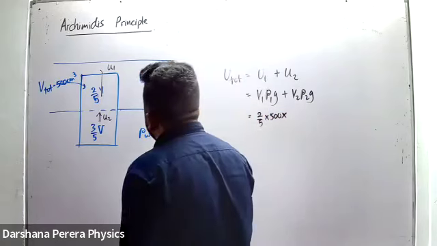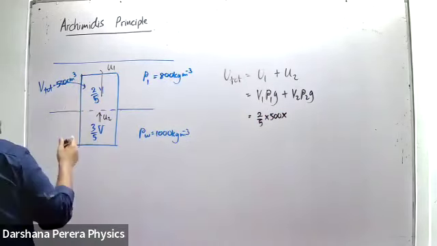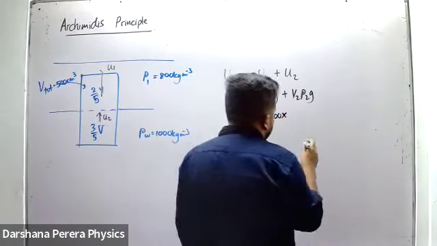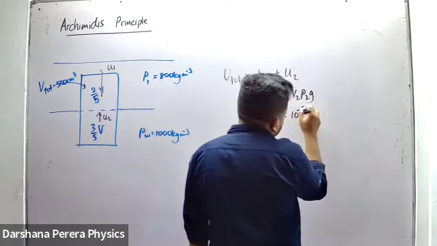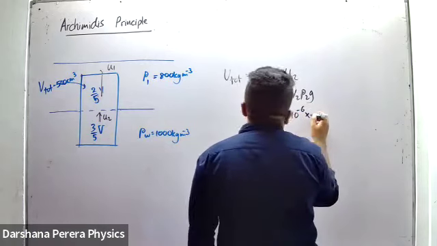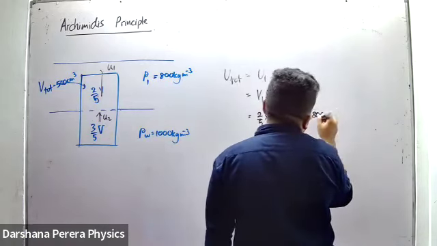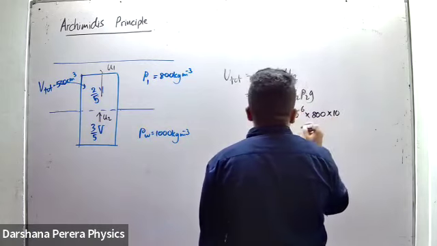So we have to take the centimeters into 10 to the power minus 6, no? 10 to the power minus 6 into 800, 800 into 10.